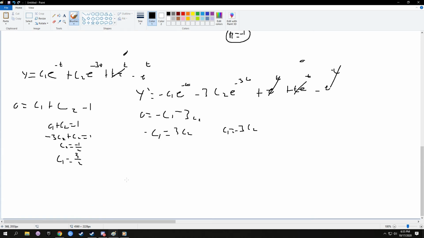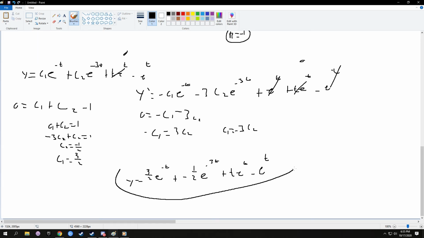That means my final equation becomes y equals 3 over 2 e to the t plus negative 1/2 e to the 3t plus t e to the t minus e to the t. Okay, that's my final answer.